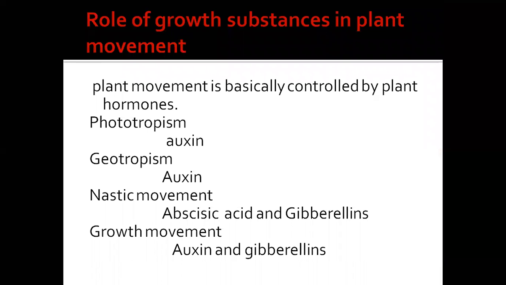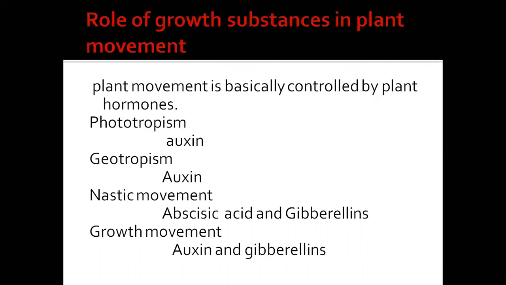Role of growth substances in plant movements. Plant movement is basically controlled by plant hormones. We will discuss this in the next chapter, but shortly I will only explain what types of hormones are responsible for different types of plant movement.